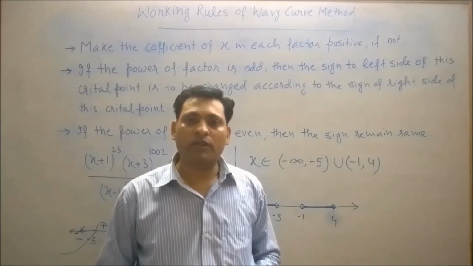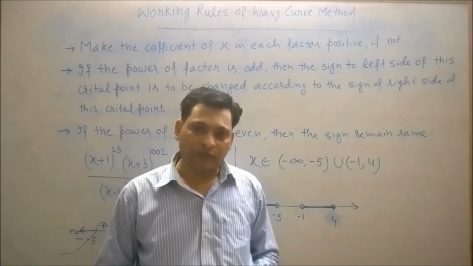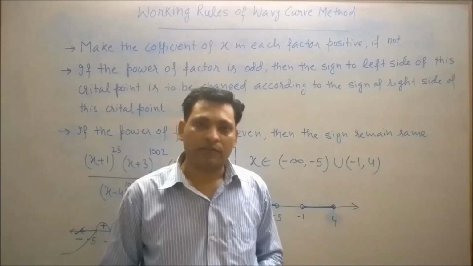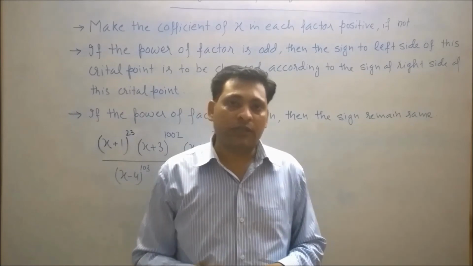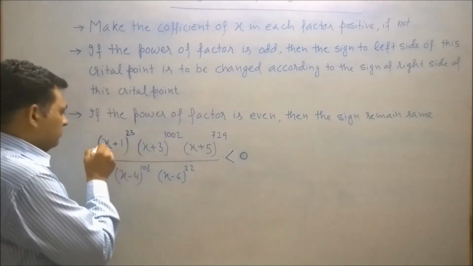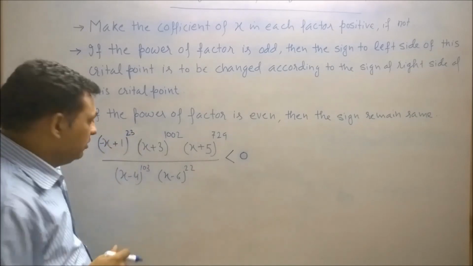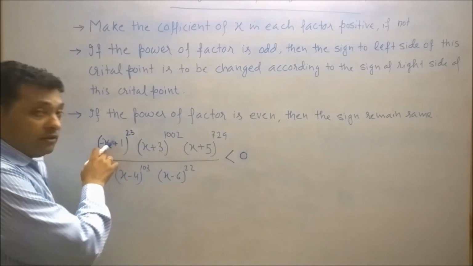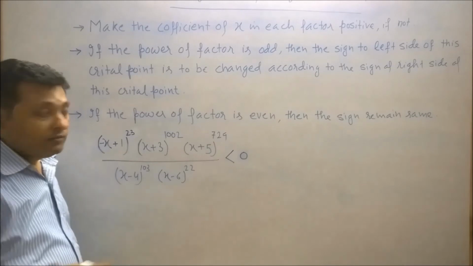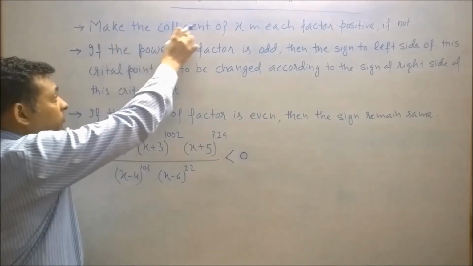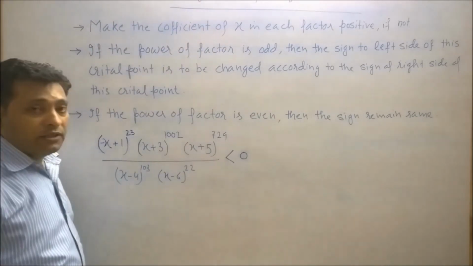Now we will take one more example to understand the Wavy Curve method more clearly. Let's watch it. Suppose it is given that (minus x plus 1) to the power 23. Now here the coefficient of x is negative, but the first rule says make the coefficient of x in each factor positive.